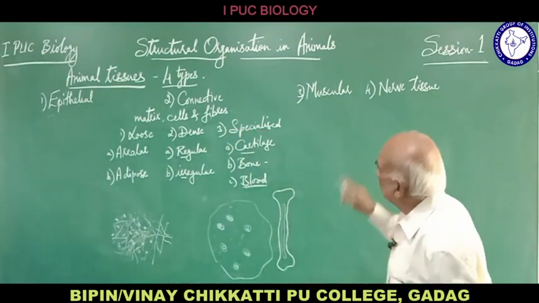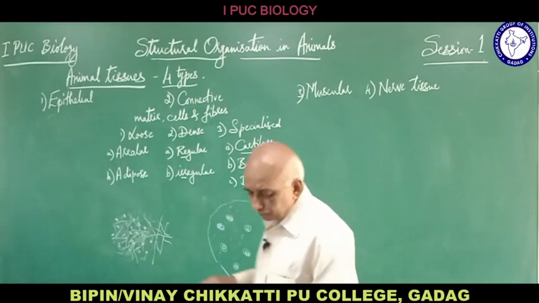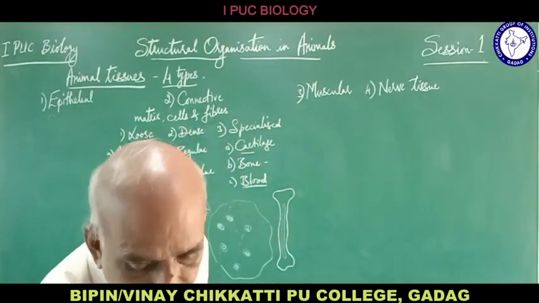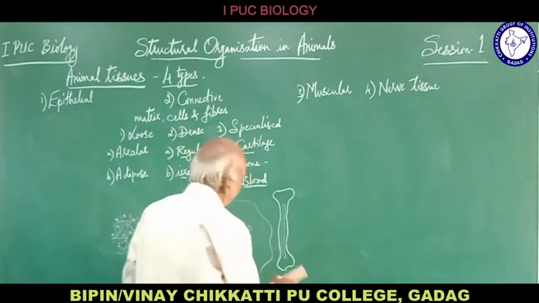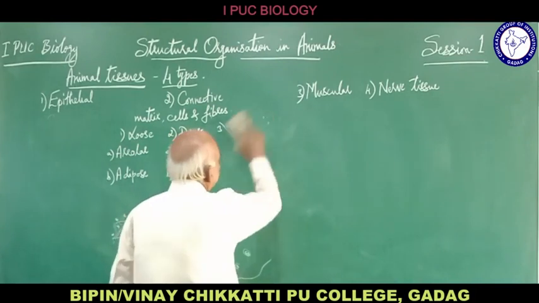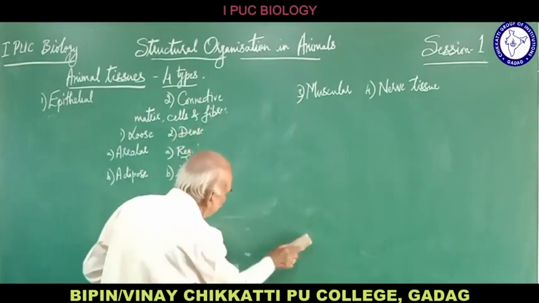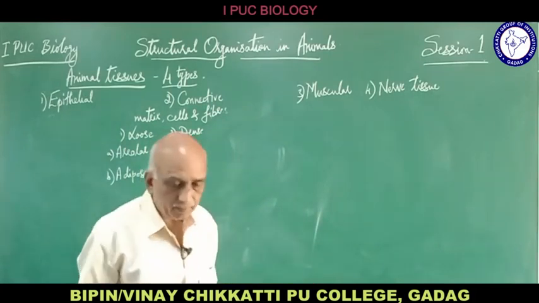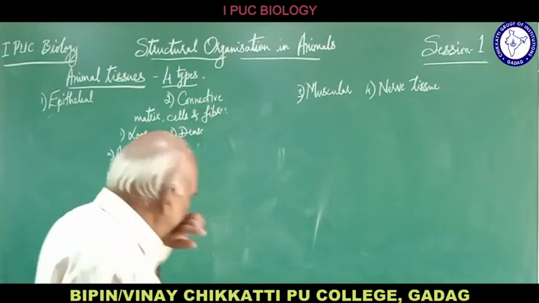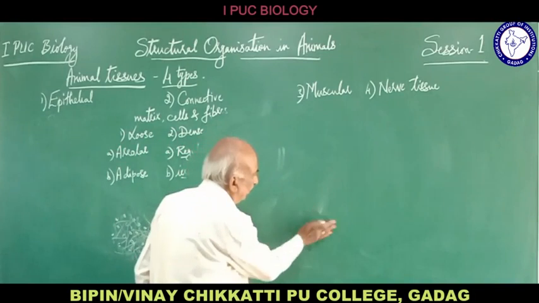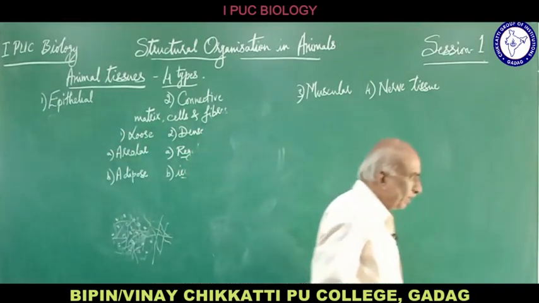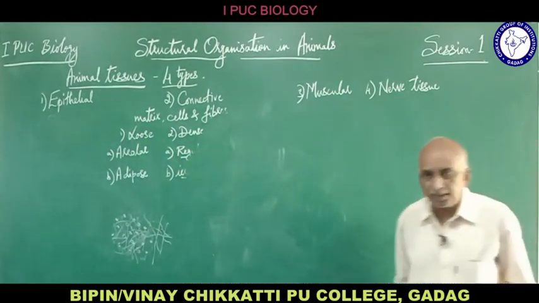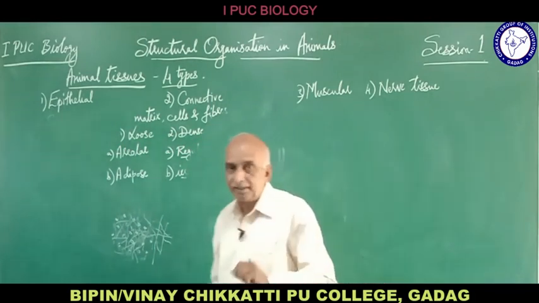Then coming to the muscular tissue. There are three types of muscular tissue. Now what is a muscular tissue, and basically what is its function? Muscular tissues are made up of cells which are usually elongated.